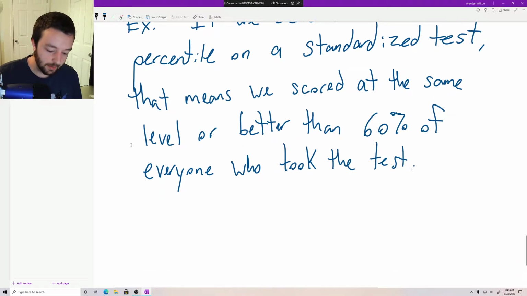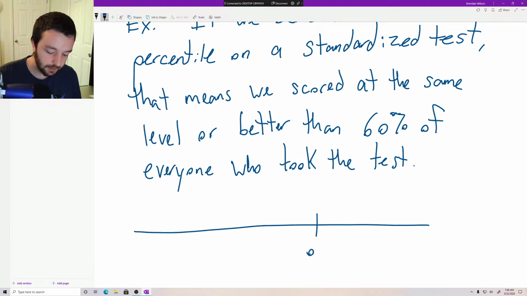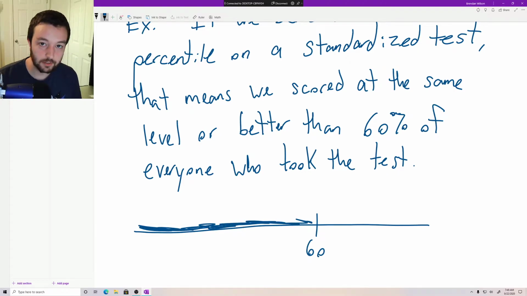So if you mapped out everybody who took the exam, this is the 60th percentile, then 60% of people are in this section, meaning they did worse than you. And around 40% of people are in this section, right? Meaning they did better than you. Okay.